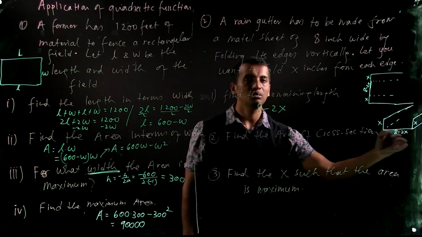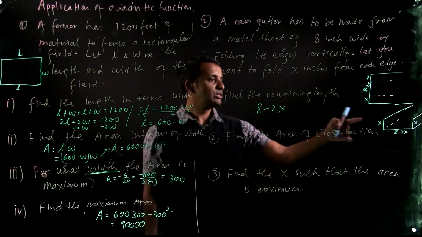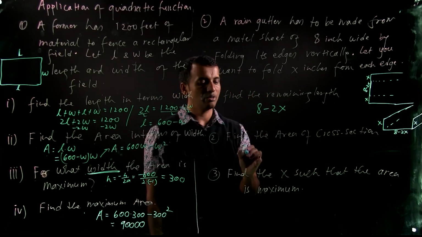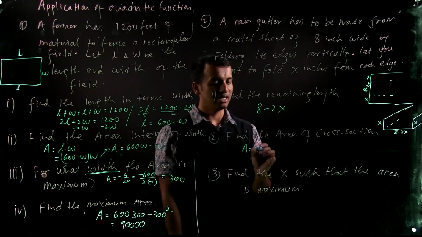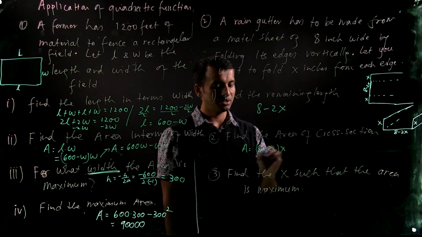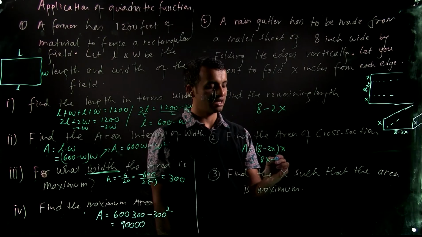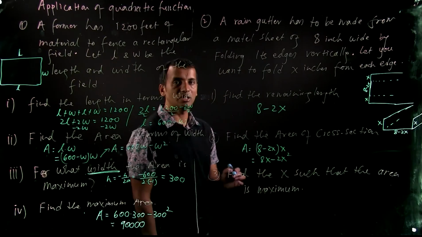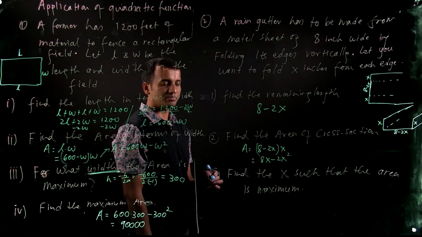It is a rectangular shape again. So the area will be 8 minus 2x, the length, times x, the height. So this is 8x minus 2x squared. That's the area of the cross section.